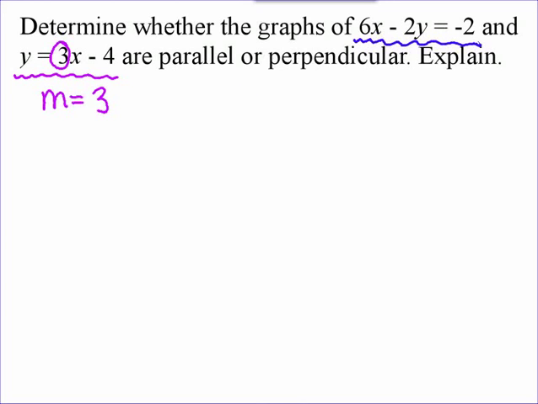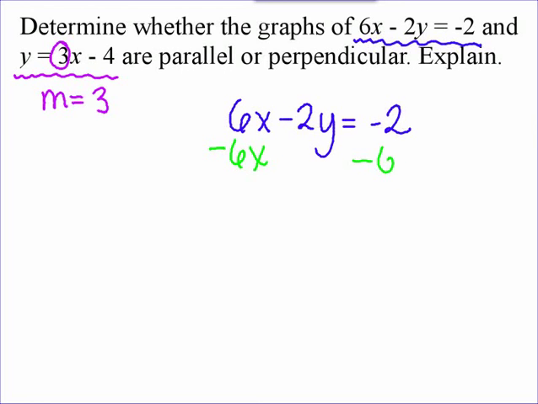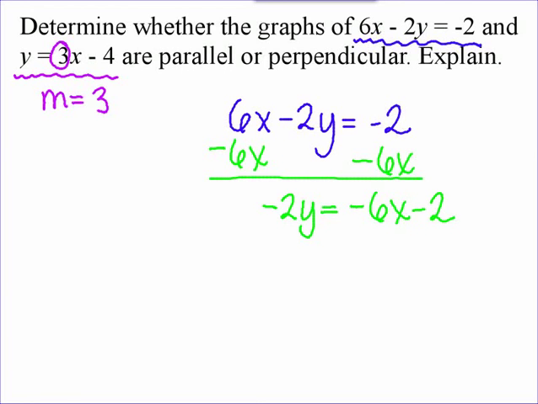So now I need to see what the slope of this line is. I end up having 6x minus 2y equals negative 2. Very first, I'm going to subtract 6x. Negative 6x. And so then I get negative 2y equals negative 6x minus 2. What do you do now?